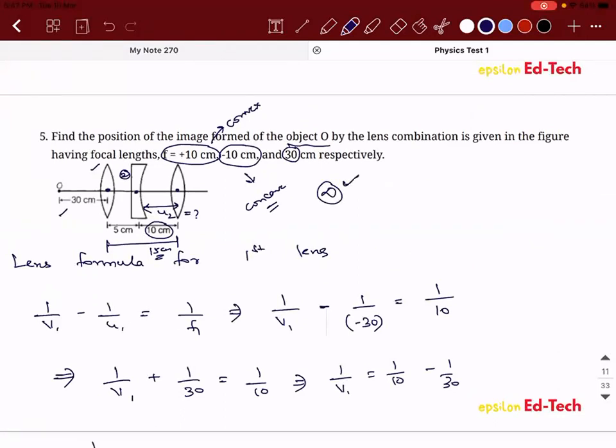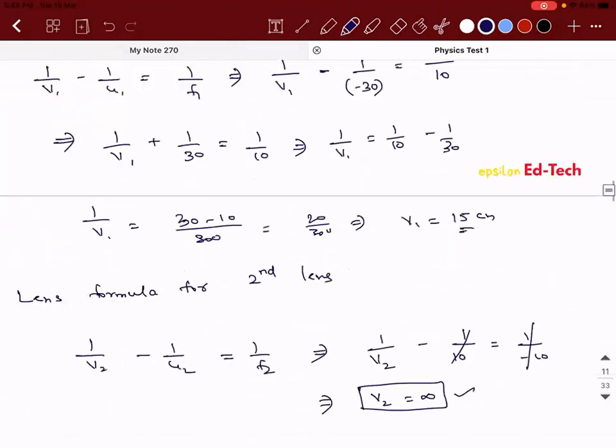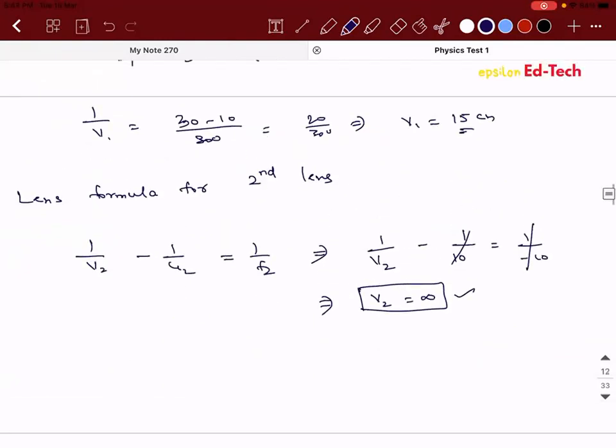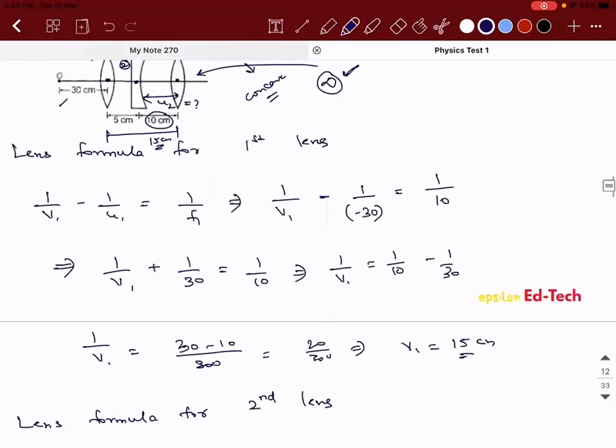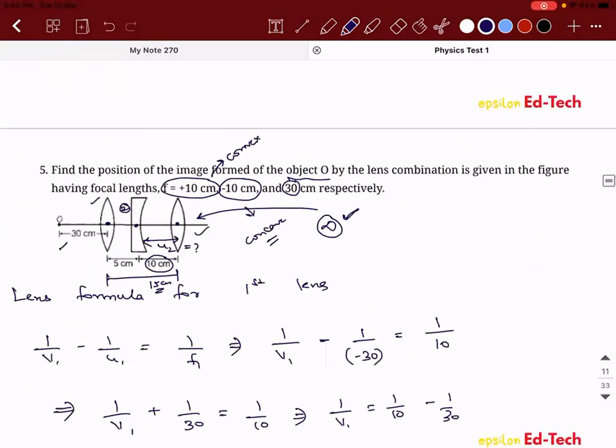Now the image formed at infinity is going to act as an object for the third lens. So we need not apply the lens formula. When the object is at infinity, where is the image formed? Image is formed at the focus. So it is going to be at the focus of the third lens, and you already know the focal length.